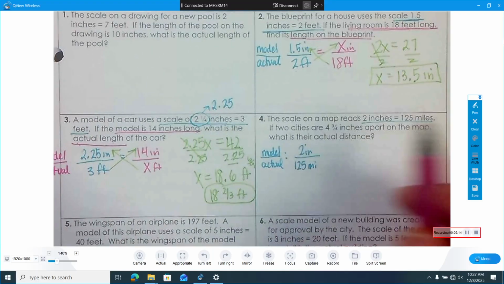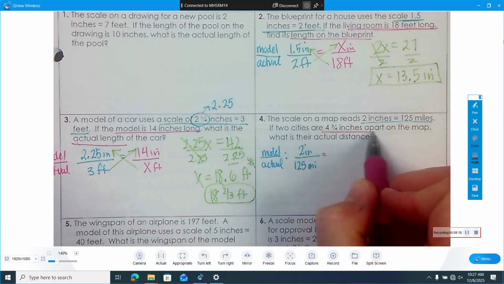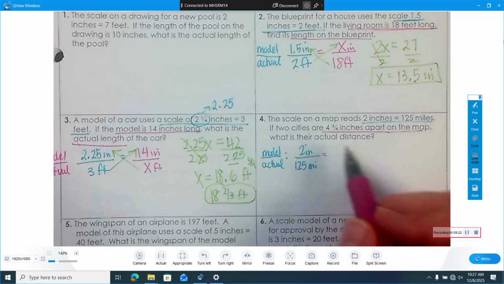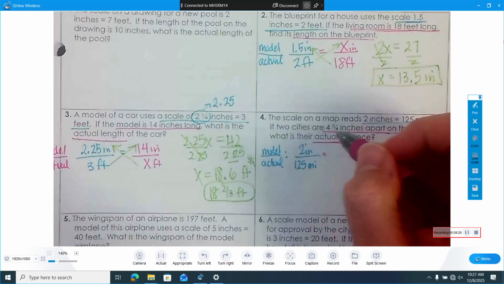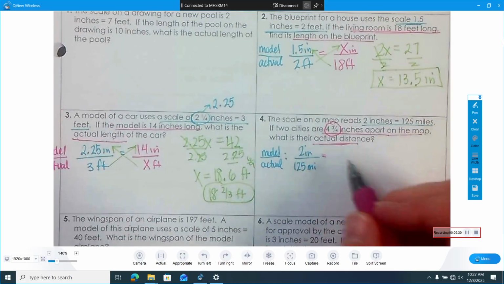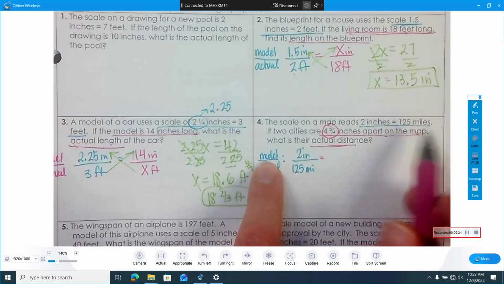We want to know if 2 cities are 4 3/4 inches apart on the map, what is their actual distance? So where should we put the 4 3/4? On top, because that's on the map. So that's the model information.